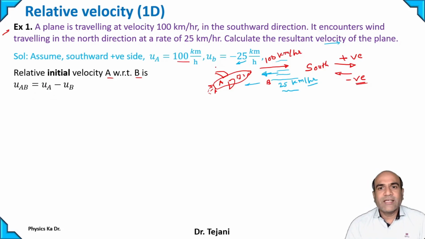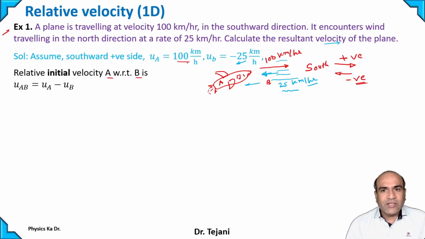And UB, it is opposite side, it is minus 25, right? So always consider relative velocity is always UA minus UB. Always take this equation. Do not take UA plus UB for the opposite direction. You just take one equation, otherwise you may have a chance to get error.